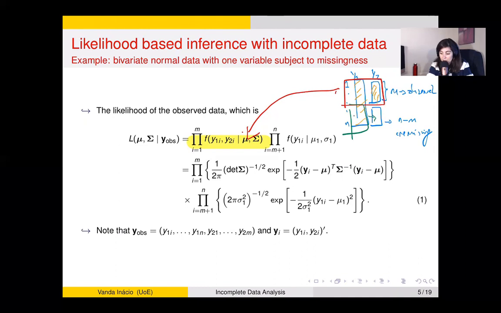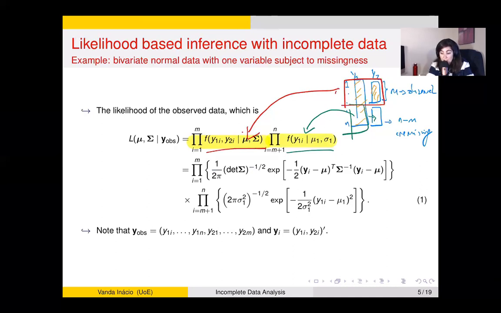And in this part here, that's exactly what I have. It's the contribution of the last n minus m observations from y1. So I hope it is clear. This first part here in red is the contribution of the first m pairs of y1 and y2, and then in green, it's the contribution of the last n minus m observations from y1.